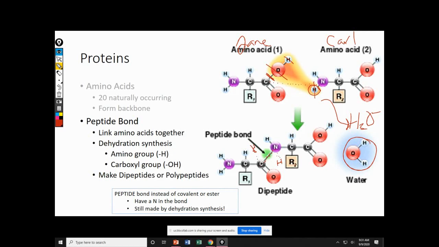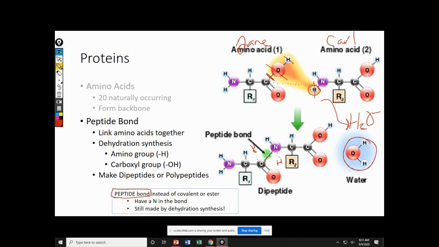So because we've changed from making a connection between a carbon and an oxygen to a carbon and a nitrogen, okay, we put a new hat on, new hat, new name. Okay, so our new name is a peptide bond. Okay, calling something a peptide bond indicates that you have nitrogen in there as the core of that bond.